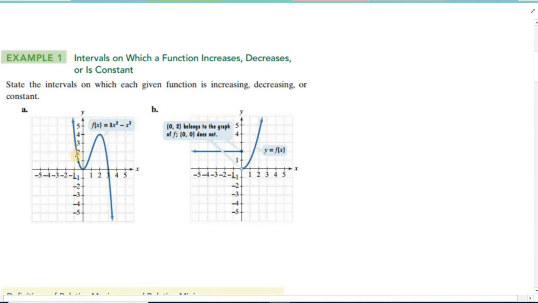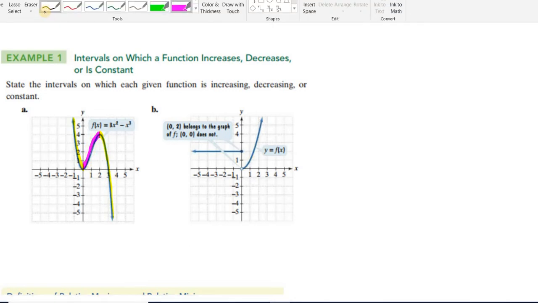Here, this is clearly going down. That means it's decreasing. And then you go up, right? That means it's increasing, and then from this point right here again it goes decreasing, right? Because that's going down.